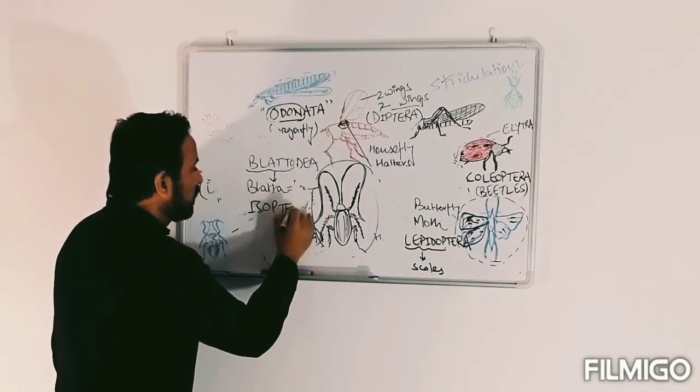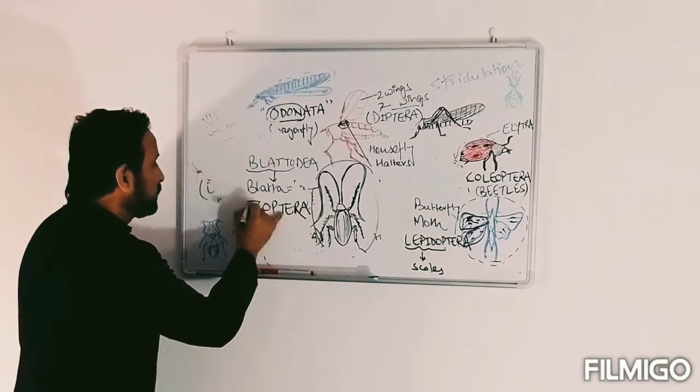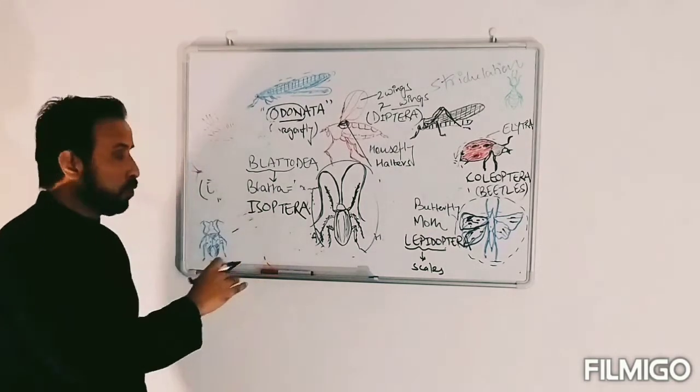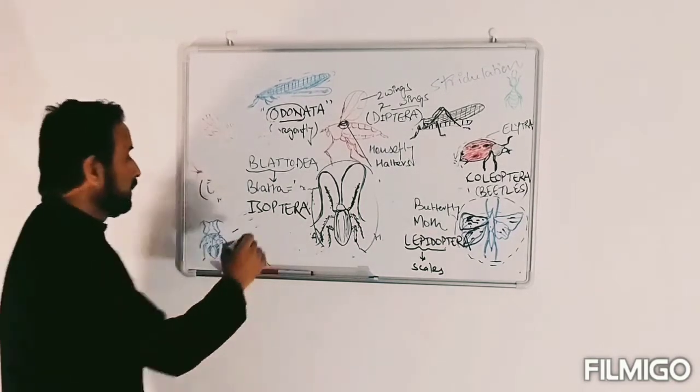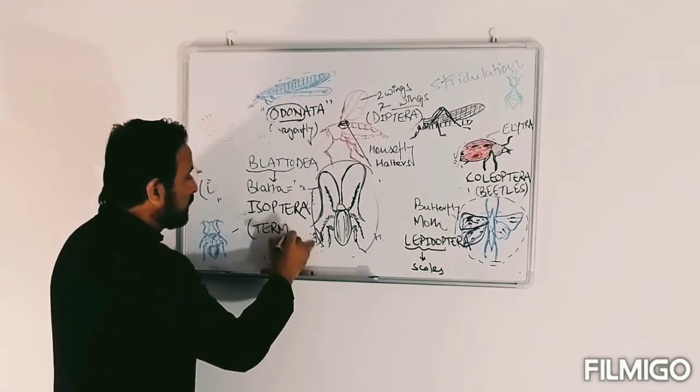Isoptera. Iso means equal, ptera means wing, so equal wings. To this belongs a very famous insect called termites.